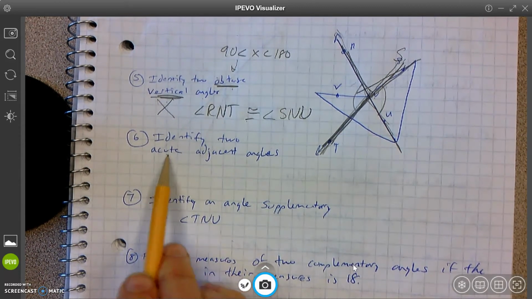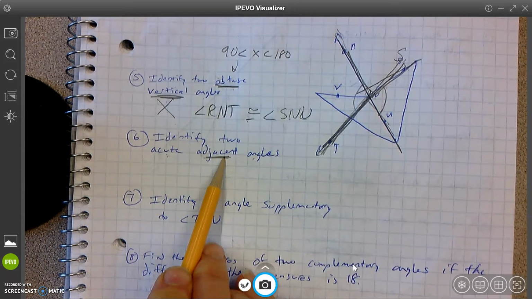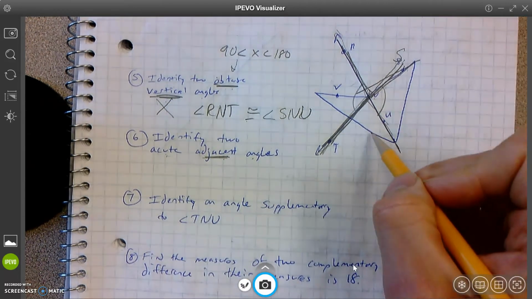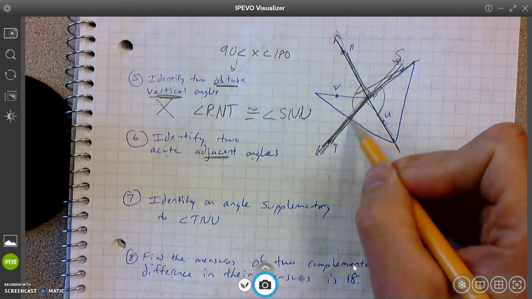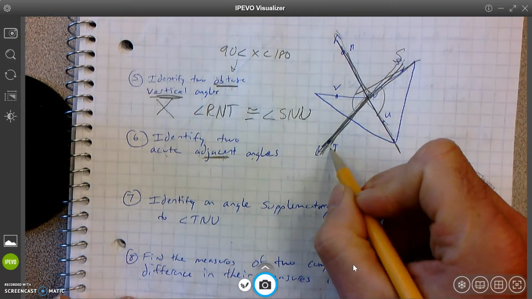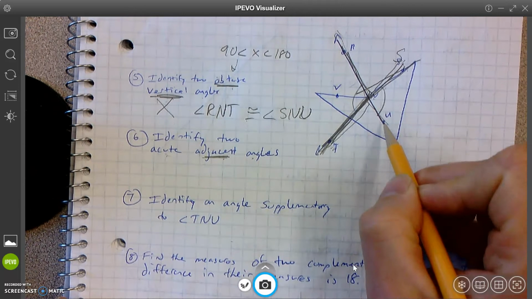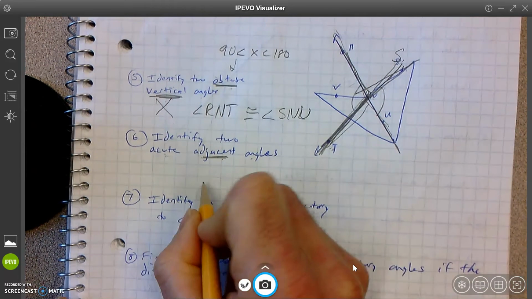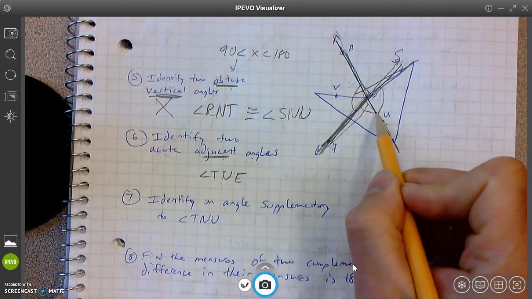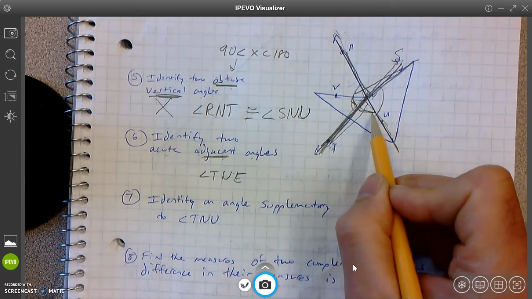Identify two acute adjacent angles. So they're acute little angles and they share a side and a vertex. Doesn't have to be supplementary necessarily. So I'm looking at that and I'm seeing, oh, this looks T. So T and U. So this angle here, and then this T and V. These two angles, they're not congruent.